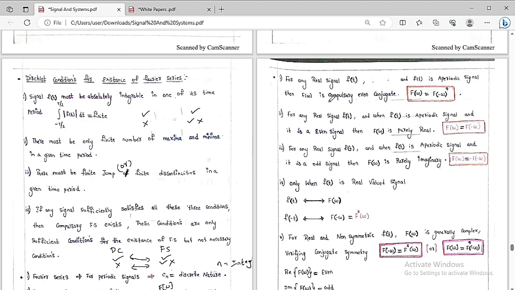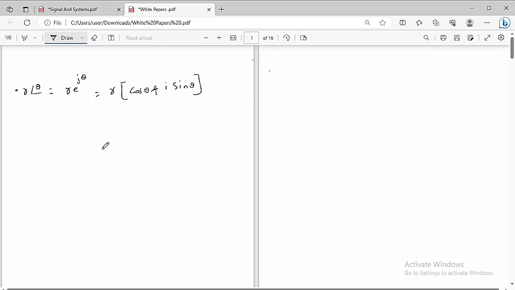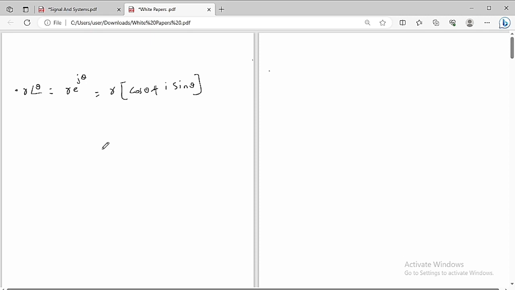Now the next point: for any real signal f of t that is aperiodic, F of omega is compulsorily conjugate even. What is the meaning of this? If you take some real aperiodic signal f of t, then its Fourier transform satisfies this property: F of omega is equal to F of minus omega, whole conjugate. I already told you this. F of omega has some real part and an imaginary part.